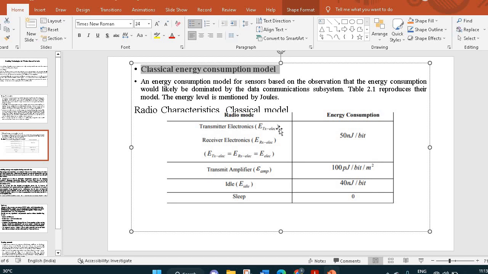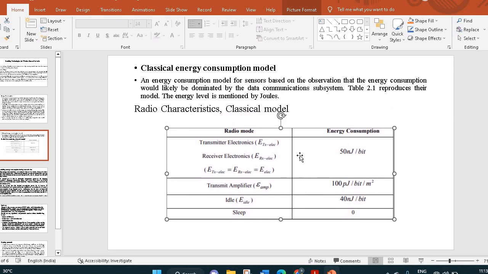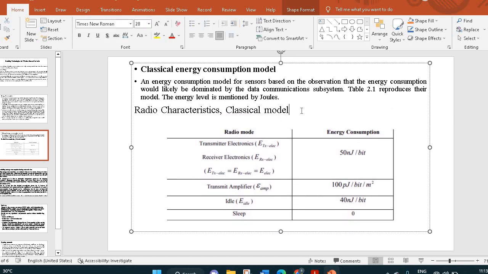The following table reproduces their model. The energy level is measured in joules.